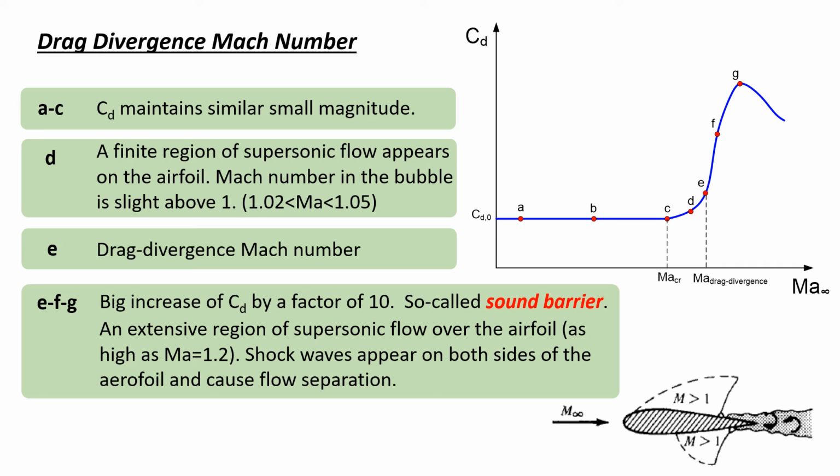For example, in the video we've seen earlier, we can see the shock wave on the wing, which means there is supersonic flow, so the aircraft was cruising at a point between C and E. So in practice, the aircraft may cruise at a Mach number higher than the critical Mach number, but it must be flying lower than the drag divergence Mach number. So through these two slides, we should be familiar with the critical Mach number and the drag divergence Mach number.